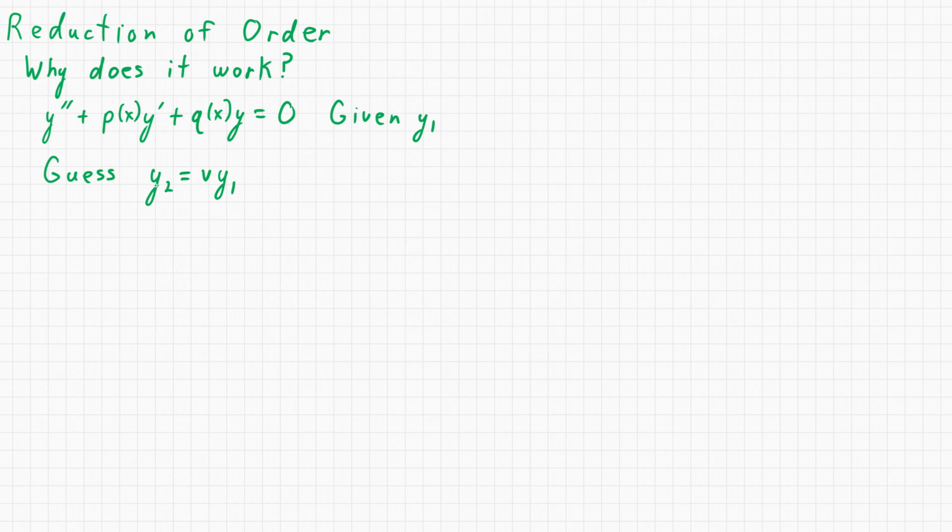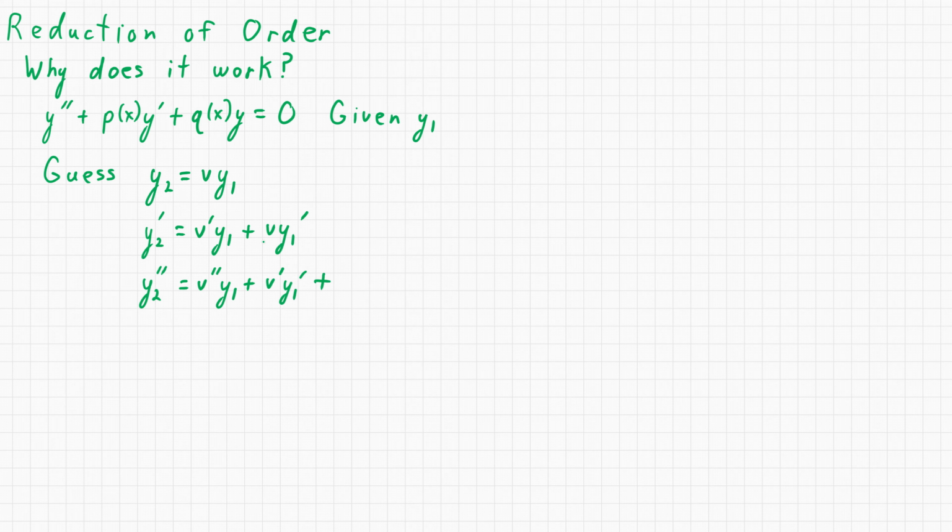All right, so normally we guess y2, the second homogeneous solution, is our unknown function v times y1. And then next we take a couple derivatives and plug y2 into the ODE. So y2 prime is going to equal v prime y1 plus v y1 prime. Then y2 double prime is v double prime y1 plus v prime y1 prime, so that's the product rule from the first term.